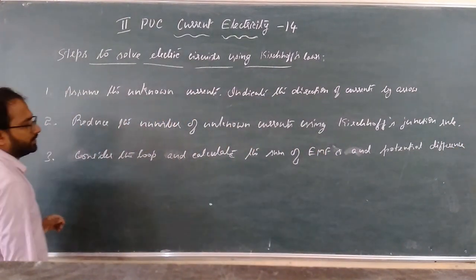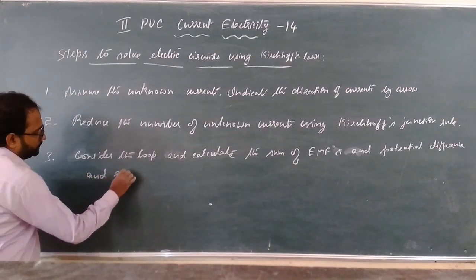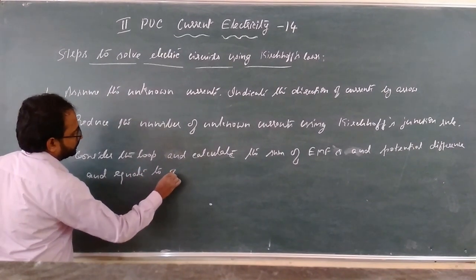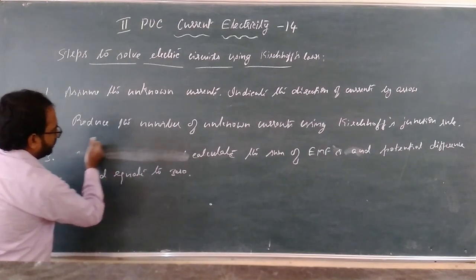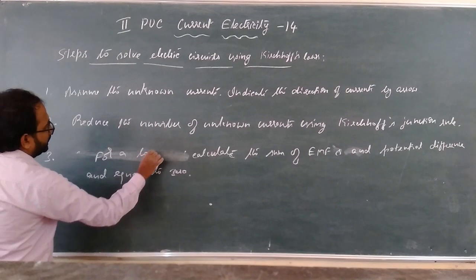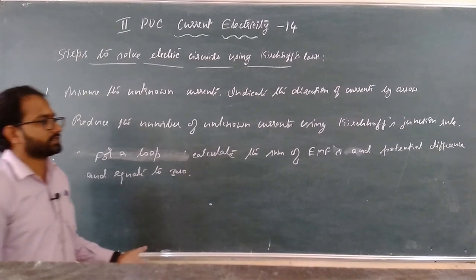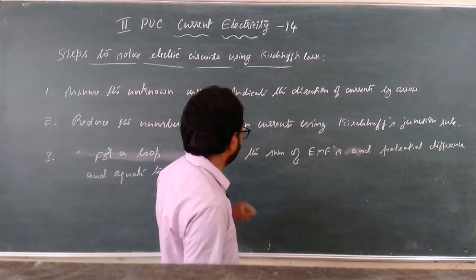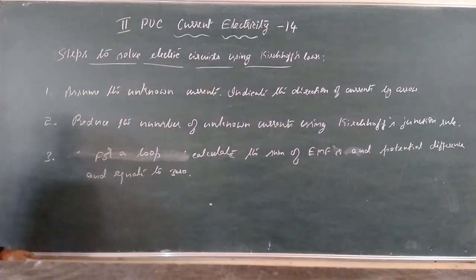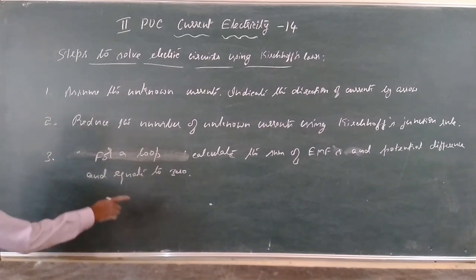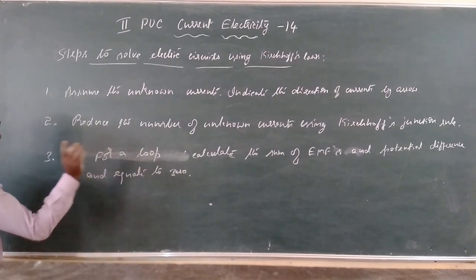Calculate the sum of EMFs and potential differences and equate it to 0. So consider a loop, and for the loop calculate the sum of EMFs and potential differences. That is the algebraic sum of change in potential around that particular loop. That is nothing but the sum of EMFs and potential drops across the resistors, and equate it to 0. The algebraic sum of EMFs and potential differences should be equated to 0.